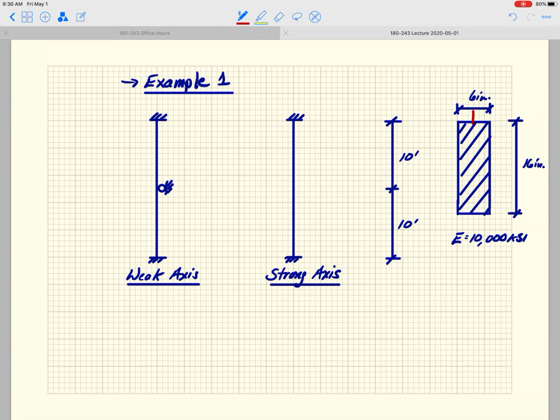And the weak axis is about this axis, so that is the weak axis. And then the strong axis, I'll do it in green here, is somewhere right here. So the green is the strong axis, and the red is the weak axis here.